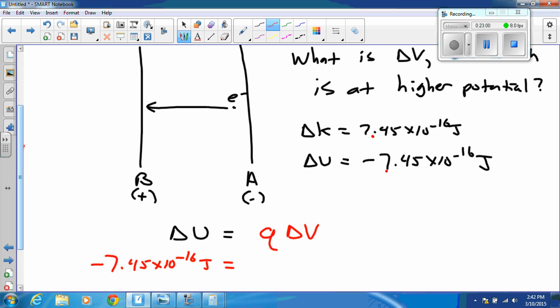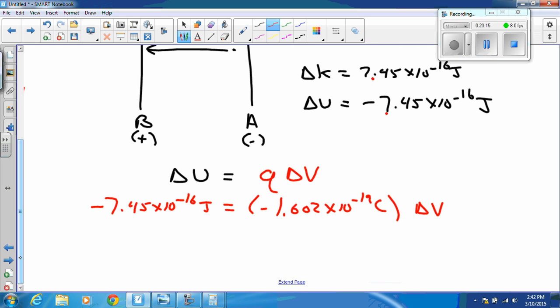What is the electron's charge? 1.602 times 10 to the negative 19? Yep, that's it. Coulombs. So that we get this for the phi equation. Now, this is easy to solve for delta V. Go ahead and do so.